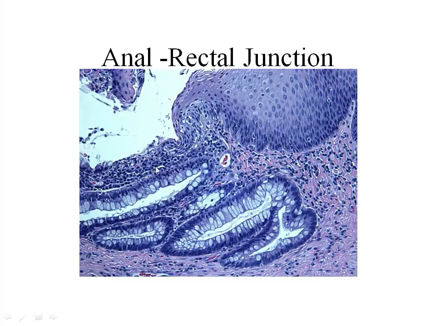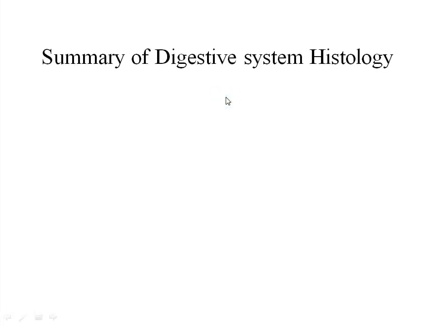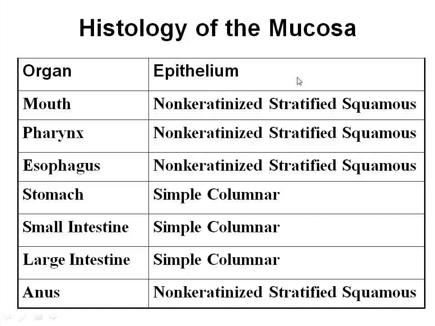This portion is all about the large intestinal portions, with a lot of mucus-producing goblet cells and mucous glands, which vanish in this anal portion, where the epithelial layer also changes into the stratified squamous epithelial type. So if we start to summarize the histology of the digestive system, we can summarize it in this way.